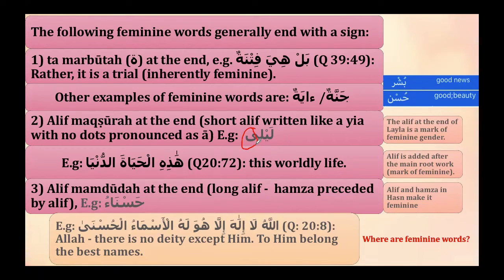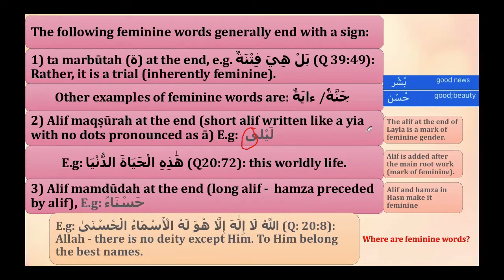You see, this is nothing but an alif. I know you write it like a ya, but it doesn't have the dots. So it's pronounced like an alif. Laila, like a short alif. Like, for example, look at this word. This means good news, bushr, right?